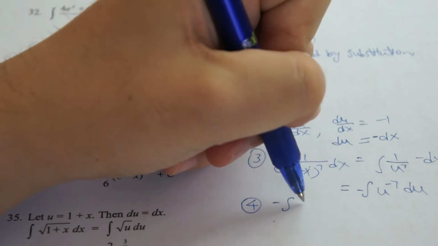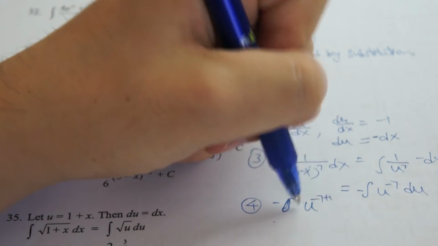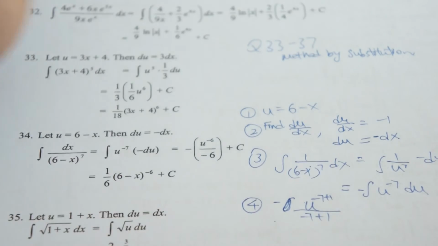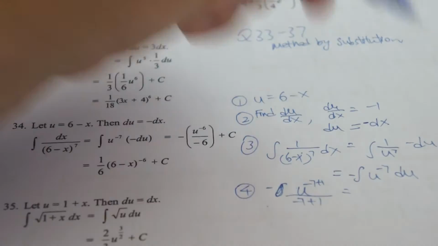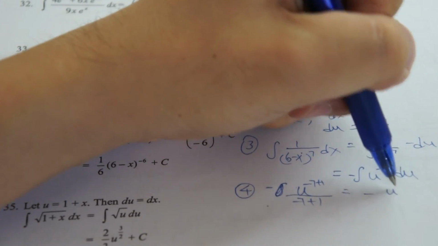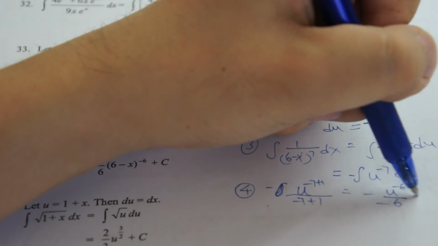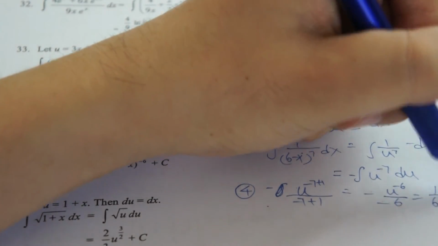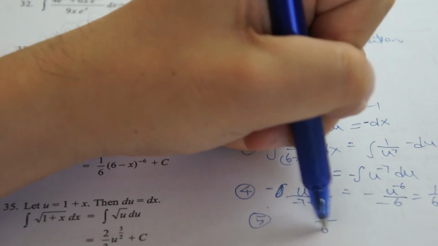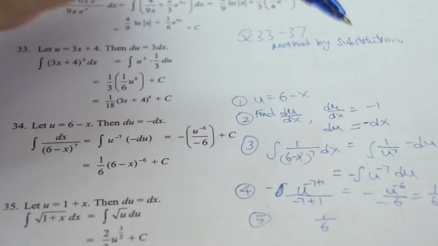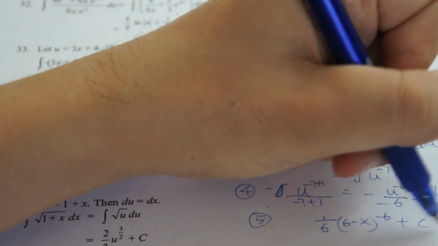So u to the power of minus 7 becomes u to the power of minus 7 plus 1, which equals minus u to the power of minus 6 over negative 6. So these negatives cancel out, and it becomes the positive sign here. And finally, step number 5, it will be 1 over 6, and the u should be replaced by 6 minus x, and then the answer will look like that.